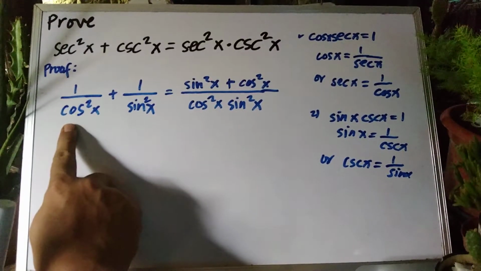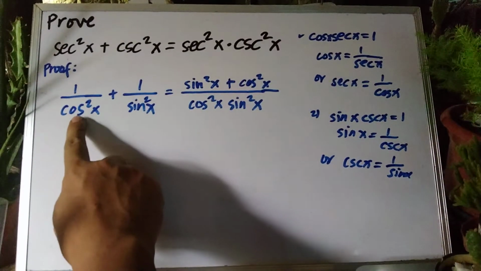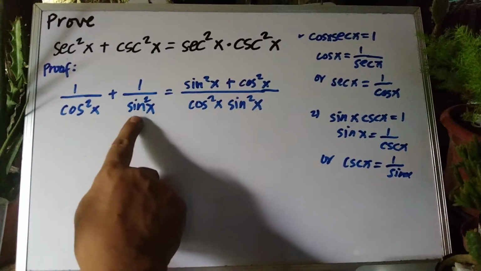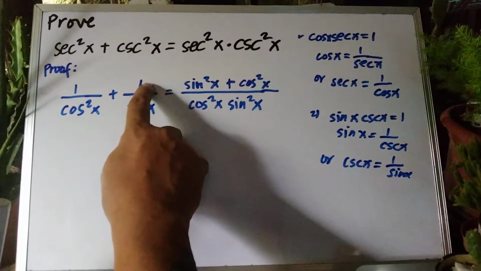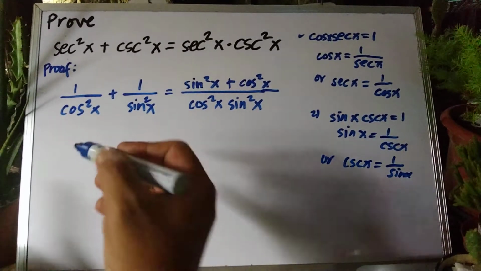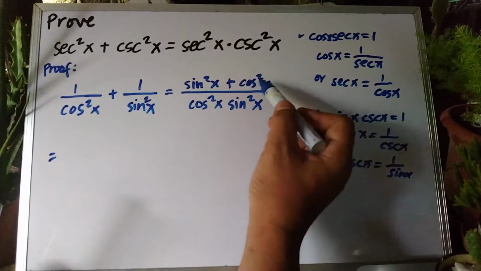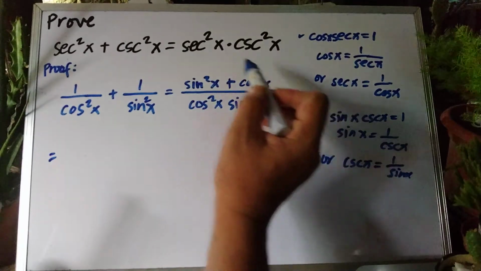Tapos, we multiplied it to 1, so sine squared x. Ito din, LCD, dinivide natin sa second denominator, so cosine squared x. We multiply that to 1, so cosine squared x. Okay, patuloy tayo. Kung titingnan natin ang numerator dito, ano ang ma-observe ninyo sa numerator dito?